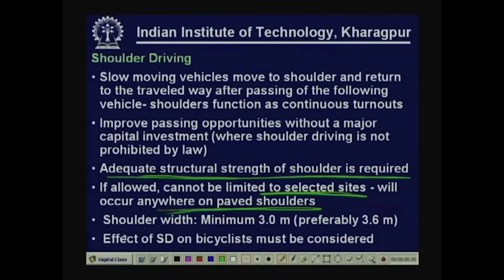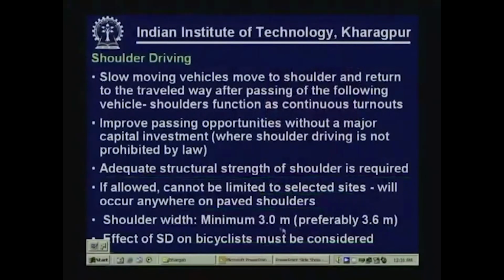If shoulder driving is allowed, a minimum of 3 meter width is necessary for the shoulder, preferably 3.6 meter. And last but not the least, the effect of shoulder driving on bicyclists must be considered. Once it is permitted, it should not cause a potential safety problem to bicyclists.